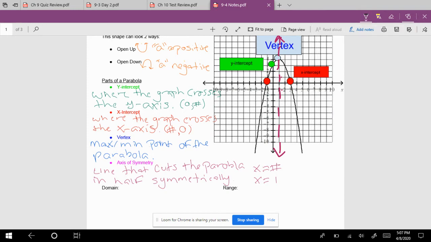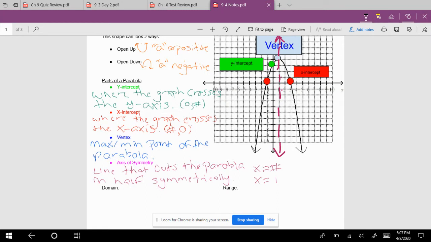So on a parabola, whether it's facing up or if it's facing down, as it goes up forever or down forever, it's also going left and right forever. Right here, there's arrows on the end of this. They're going to always kind of be implied because it's hard for us to get arrows on some of these graphs.